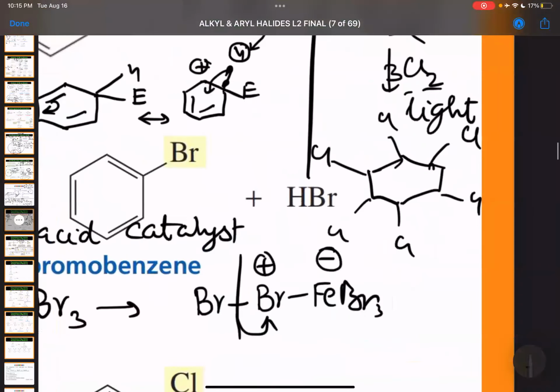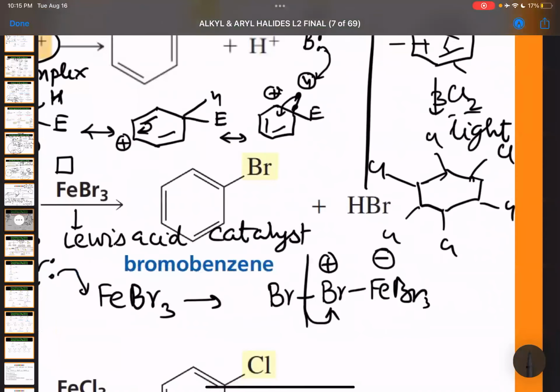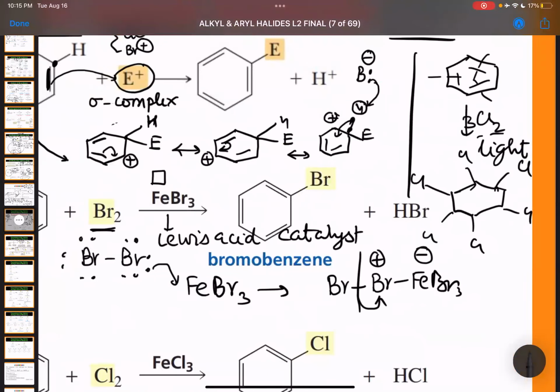Okay, is it clear? Sure. And is this a substitution reaction or addition reaction? Addition reaction, sir. Yeah, this is addition reaction. Exactly.